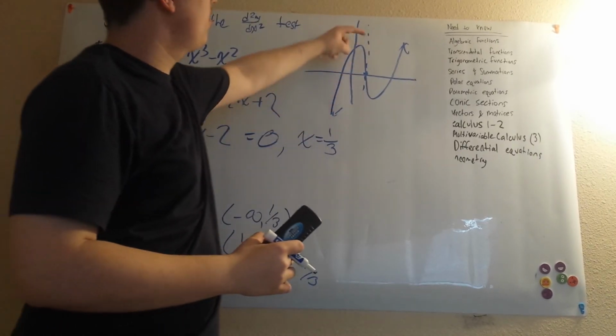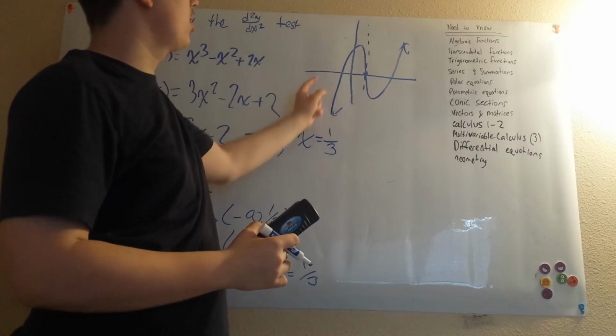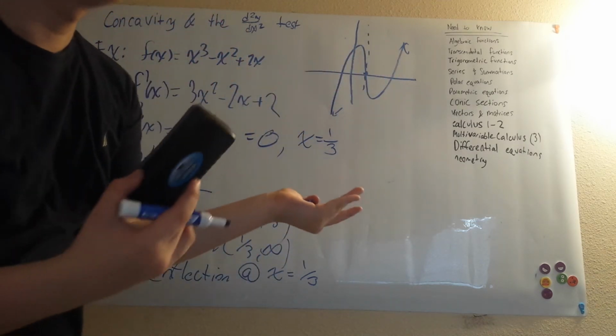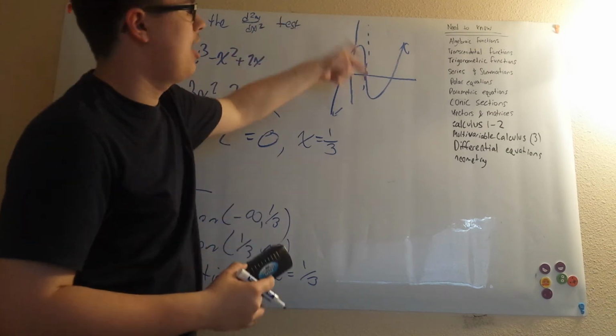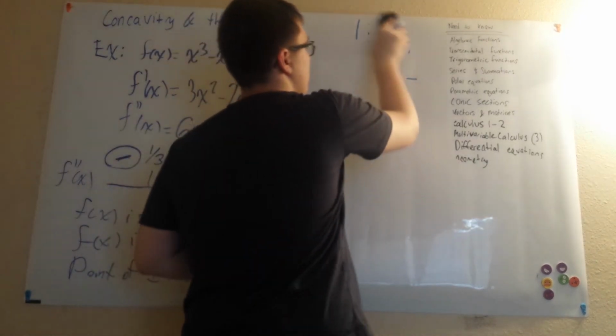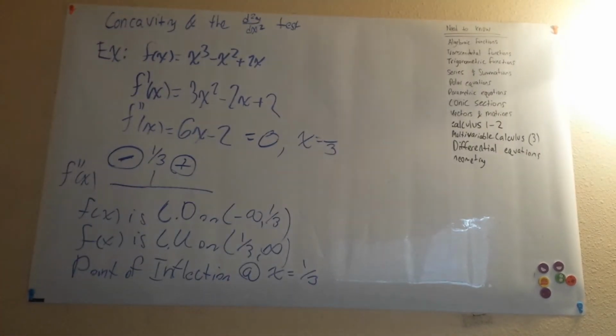We have concave up, and then inflection point, concave down, inflection point, concave up. We could visualize that, but we don't know how high up these are. We can kind of think about the graph. And that's really it. That's the test on concavity.